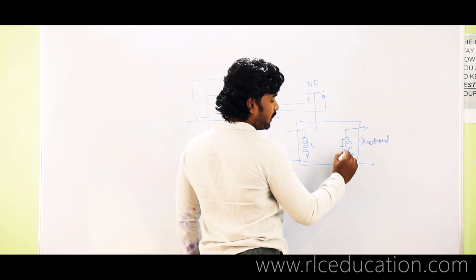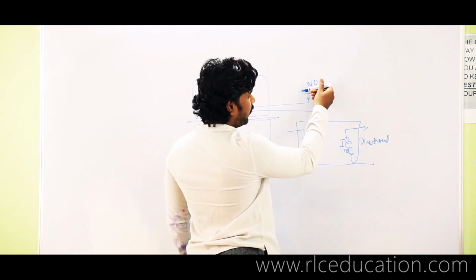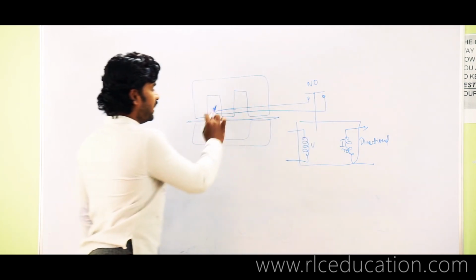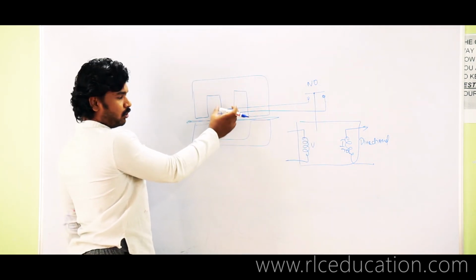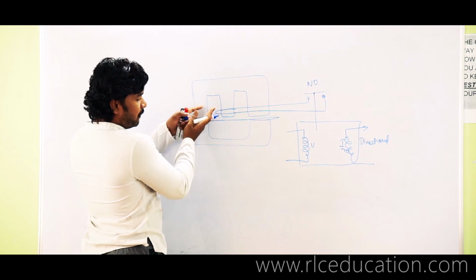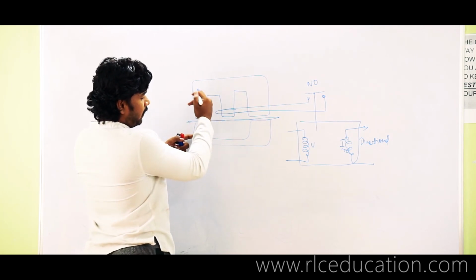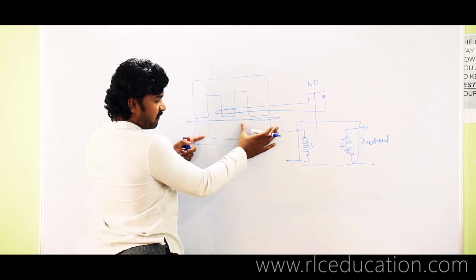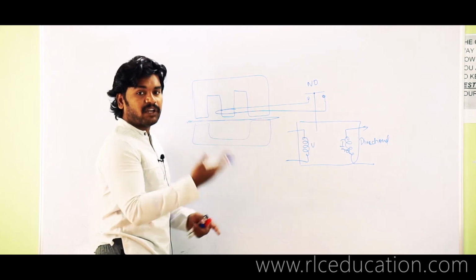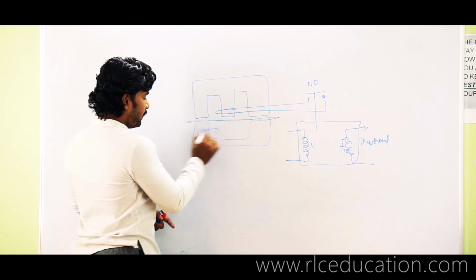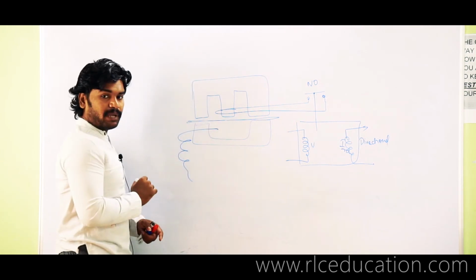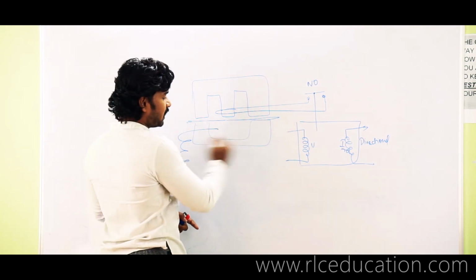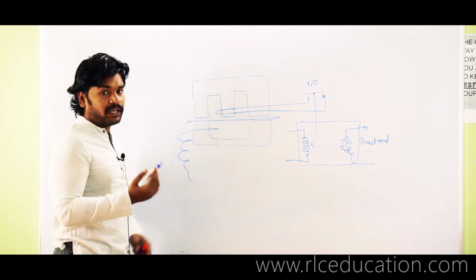When the current direction becomes reverse, this contact will operate and close the shading band. Once the shading band is closed, you get displacement between the shunt flux and the series flux. And if the series flux value is high, that means if the current value is more, depending upon your PSM, plug setting multiplier, then the disc starts rotating and the relay will operate.